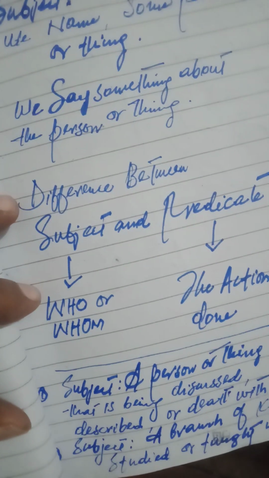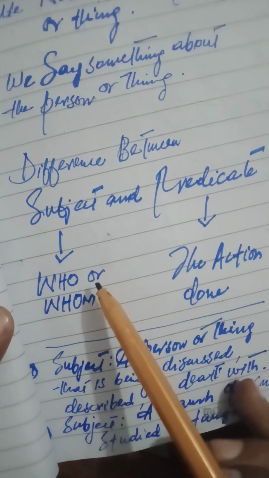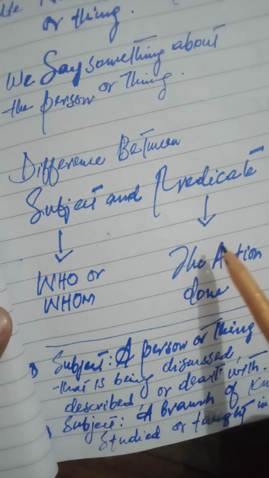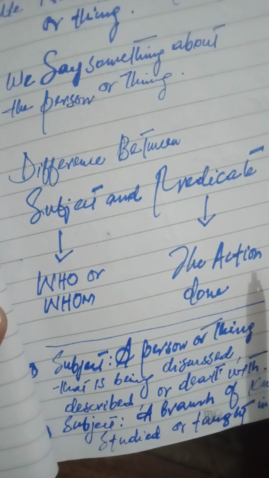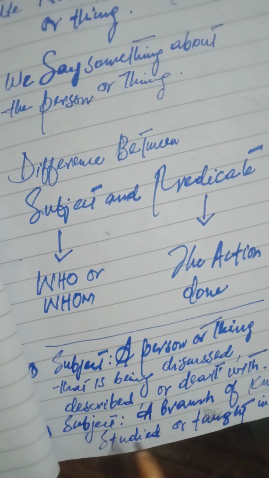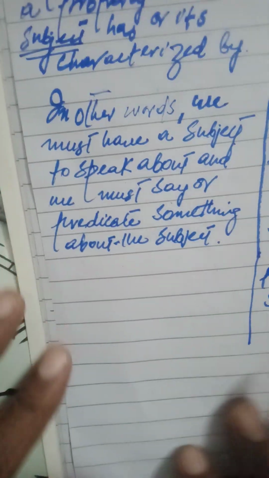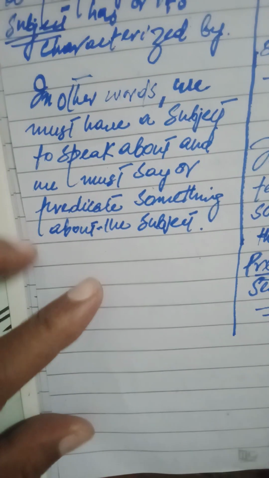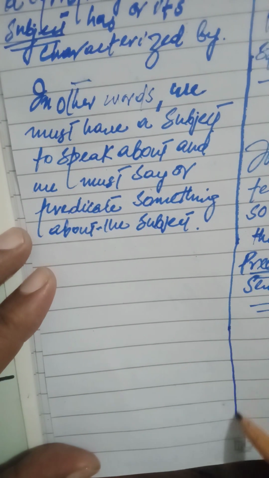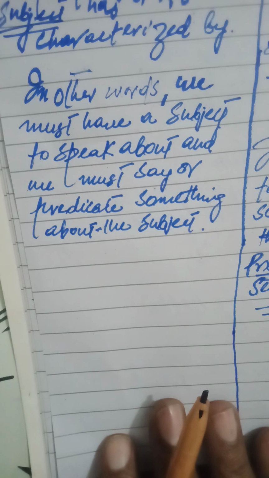We make the sentence: subject, who or whom; predicate, the action done. A person or thing that is being discussed, described, or dealt with is a subject. The other simple definition is a branch of knowledge studied or taught in a school, college, or university is also a subject, as we are trying to learn English grammar as a subject.